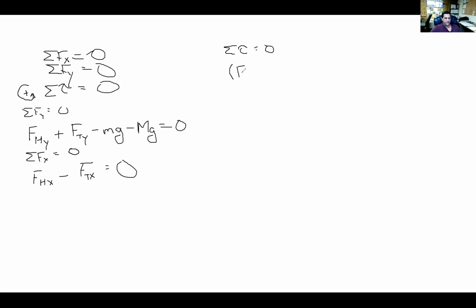So we have this FH in the y direction, and it is 2.2 meters away. But the way I'm assuming the sign, it's going to want to create a clockwise rotation around the end of that beam. So the sign is going to be negative.